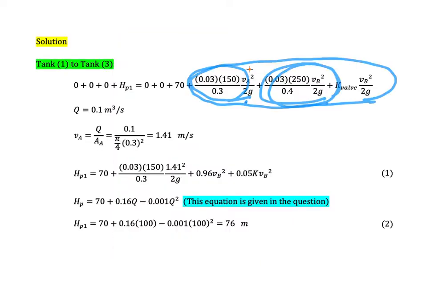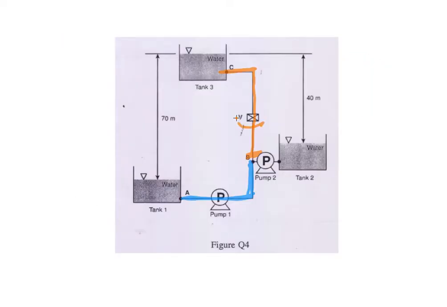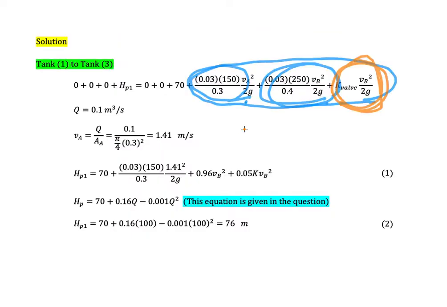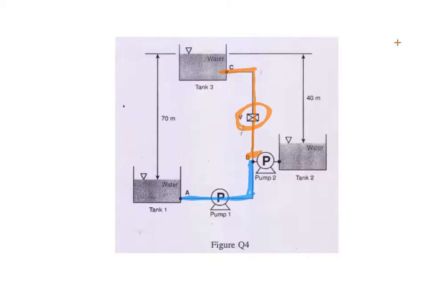And then this is the minor loss for the valve. So we have a valve here, and we cannot neglect the existence of the valve. Maybe we could neglect the minor loss of the inlet, of the bending pipe, and so on and so forth. But in this system, it is obvious we cannot neglect the existence of the valve.